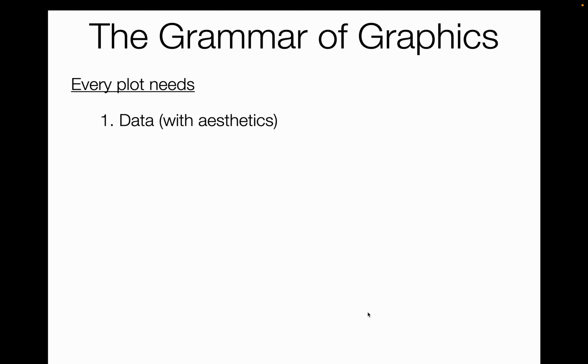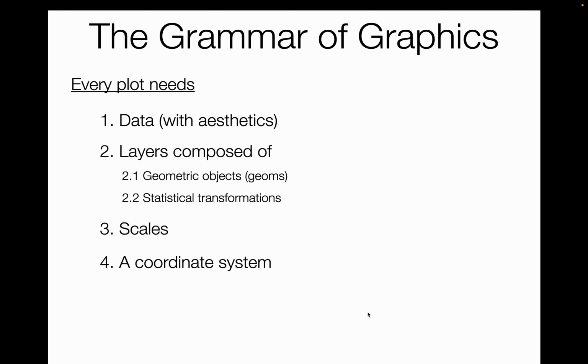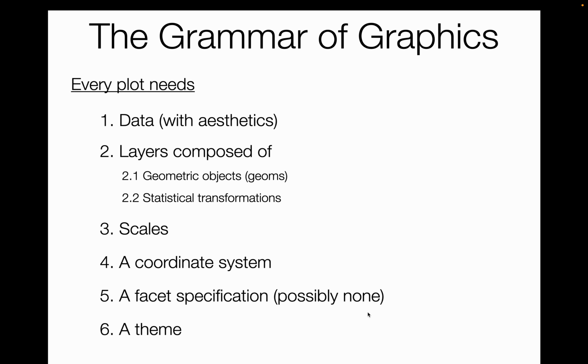And so the grammar of graphics says that these things need to be true. Every plot needs these six things. The first thing you need is data, which is pretty self-explanatory. If you don't have data, you don't have a graph. And these data need to have aesthetics.